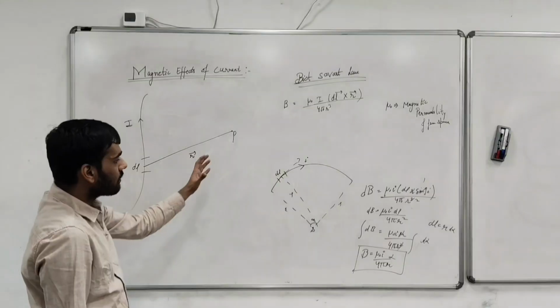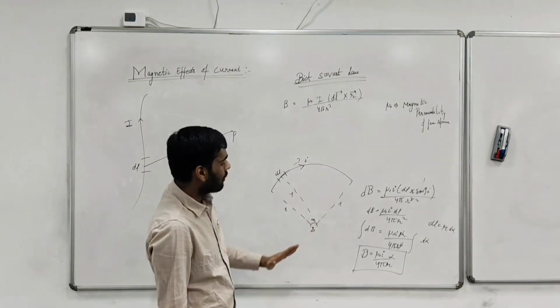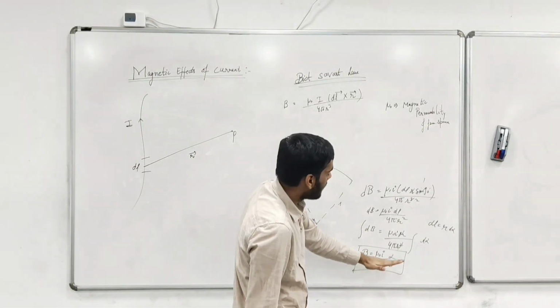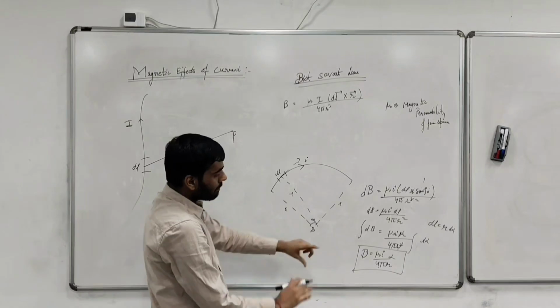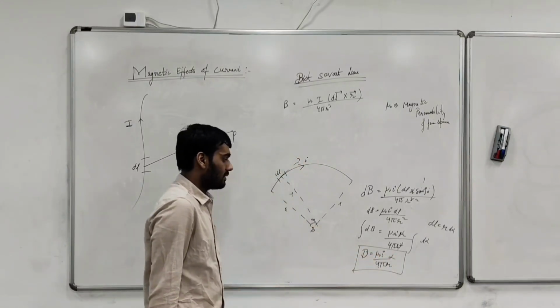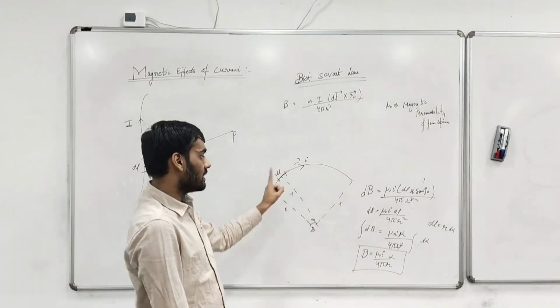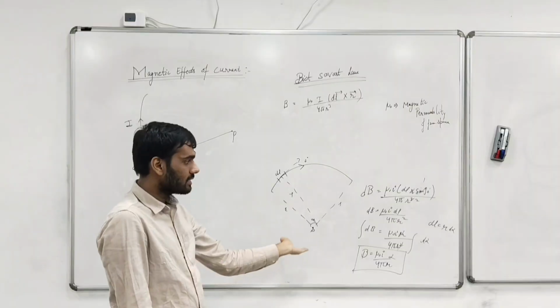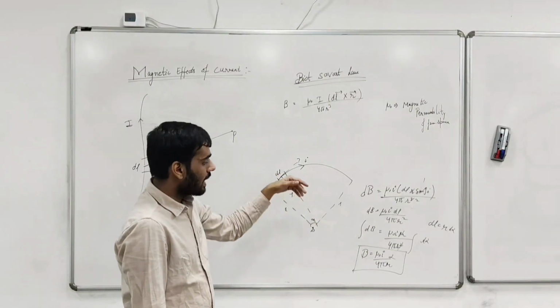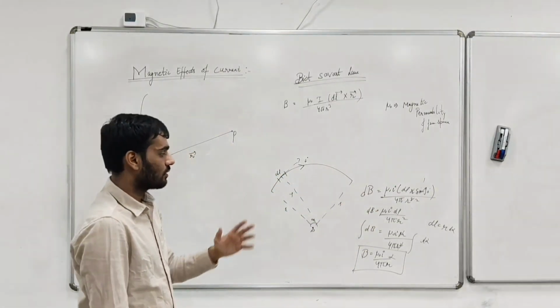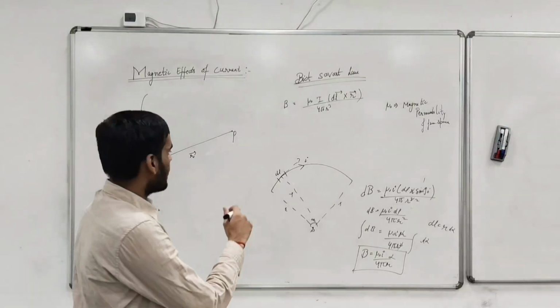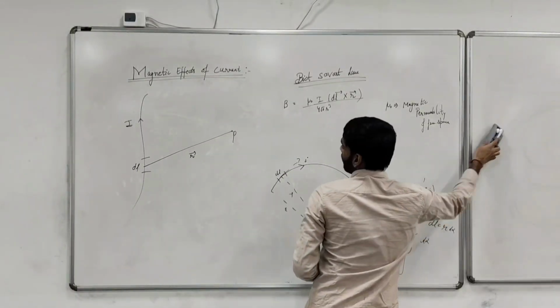We have seen the magnetic field produced by this arc at point P comes out to be mu naught I alpha over 4 pi r. It depends on the angle. As the angle increases, the length of wire will increase, the current will increase, and the magnetic field will increase. Okay. So let's take a case of a semicircle.